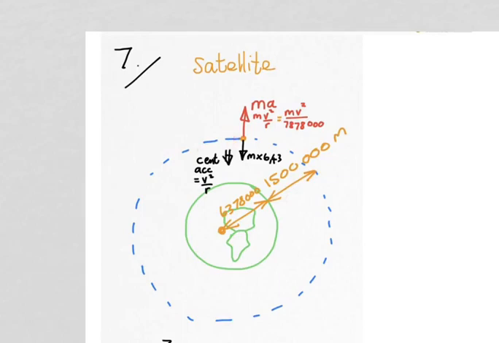And because that is a circular path, there is indeed centripetal acceleration, center seeking towards the center of the Earth. So therefore, the weight of the satellite is mg, but now g is no longer 9.81 like it would have been on Earth's surface. It is in fact 6.43. So m times g for this satellite is m times 6.43.